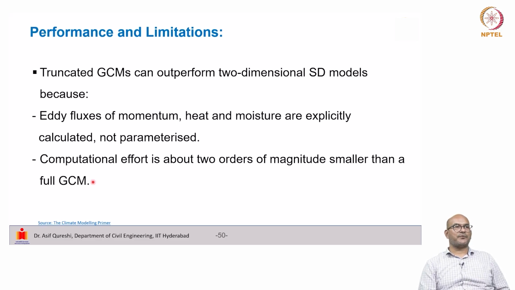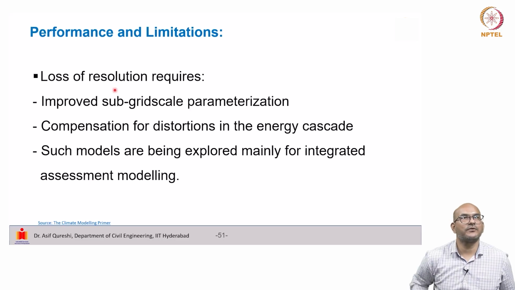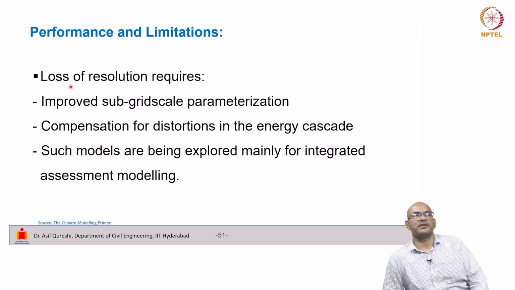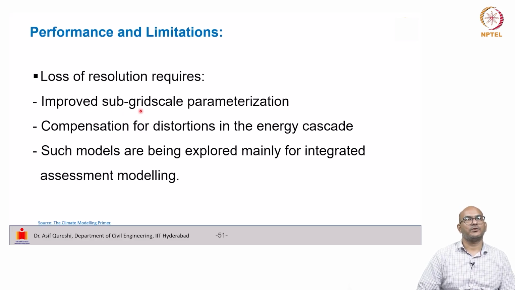What are the performance and limitations? When we have a loss of resolution, we need improved subgrid-scale parameterizations, and we need compensation for distortions in the energy cascade.